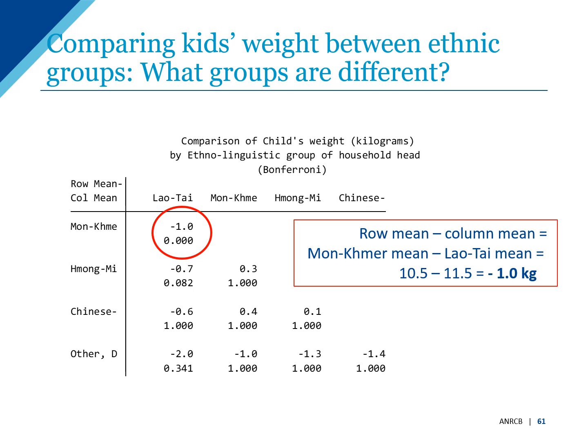So the value circled in red shows that the Lao Thai ethnic group mean weight was 1 kilogram greater than the mean weight of the Hmong Khmer ethnic group, and the 0.000 beneath this negative 1.0 value is the significance level of this difference from a difference of 0. Therefore, we can see that these two group means are significantly different, but the other group means, all of which have p-values greater than 0.05, are not.